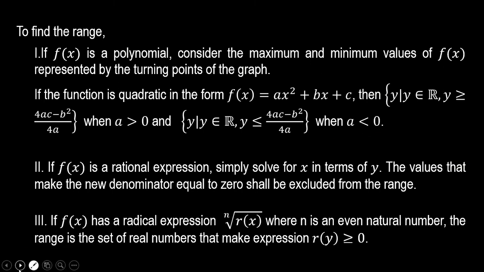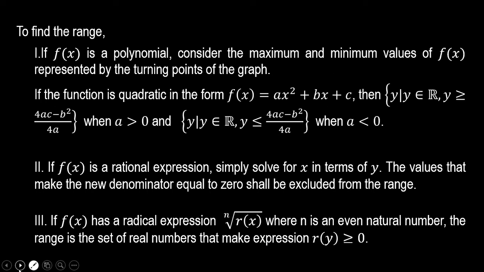Lastly, if the function has a radical expression, the nth root of the function, where n is an even natural number, the range is the set of all real numbers that makes the function greater than or equal to 0.